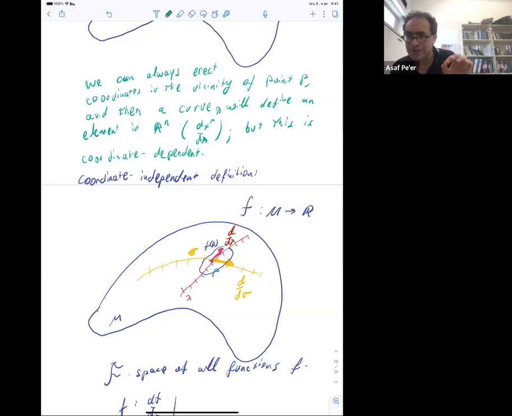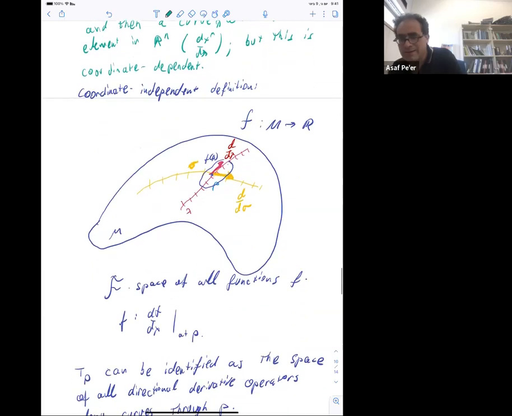So I can think of a coordinate as a function from the manifold to R or to Rn. So let's look generally at functions from the manifold M to R. In that case, these curves act as an operator, namely it takes one function and turns it into another function. And the function that it takes it to would be df over d lambda.